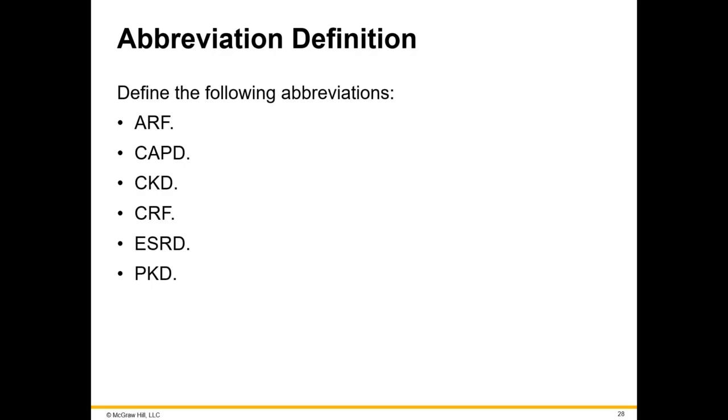PKD. We'll wrap it up with that, obviously. I want to break this one down a little bit. Kristen got it with polycystic kidney disease. Yes. So what do you think polycystic means? This can be in a lot of different diagnoses, not necessarily just this.